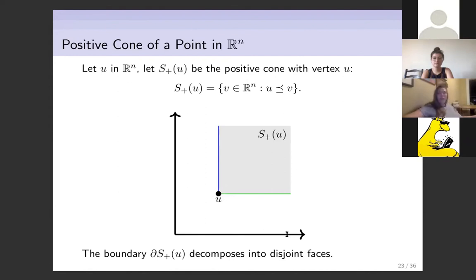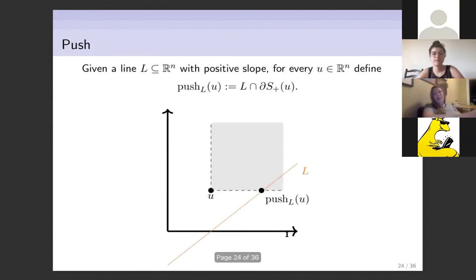And we're particularly interested in how these positive cones interact with lines with positive slope. Which leads us to a definition that we use a lot, which is something called the push of a point onto a line. So if I have a line L with positive slope, and I have a point U, well, the push of that point onto that line is going to be the intersection of that line and the boundary of the positive cone of that point, right?